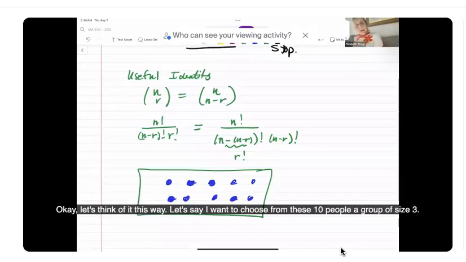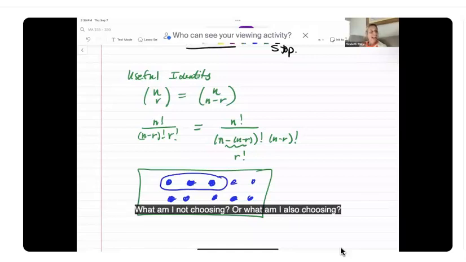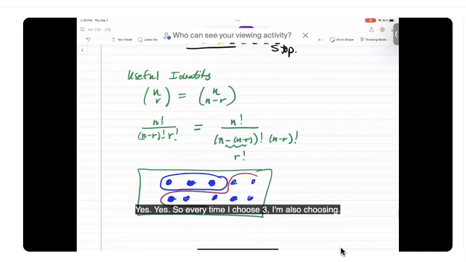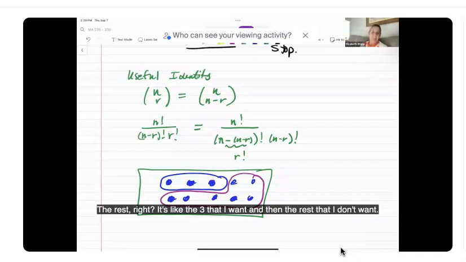Okay, let's think of it this way. Let's say I want to choose from these 10 people a group of size 3. What am I not choosing? Or what am I also choosing? You're choosing 3 to include, but you're also choosing 7 to exclude. Yes. And they're the same number. Yes. So every time I choose 3, I'm also choosing the rest, right?